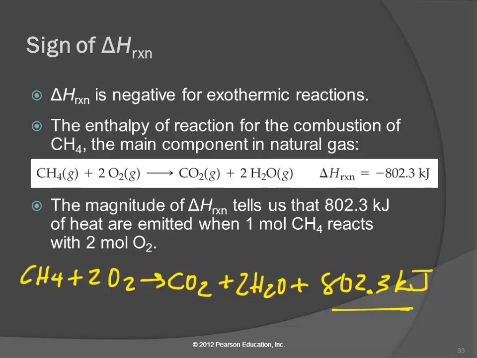This amount of energy relates specifically to the amounts expressed in the balanced chemical equation in terms of moles. That amount of energy is released when 1 mole of methane is burned, when 2 moles of oxygen is reacted, when 2 moles of water is produced, when 1 mole of carbon dioxide is produced. So that amount pertains to each amount in the equation.